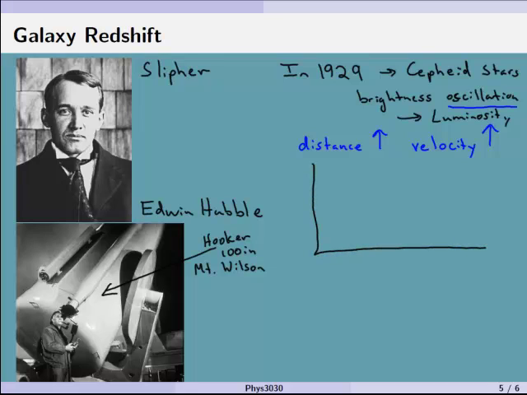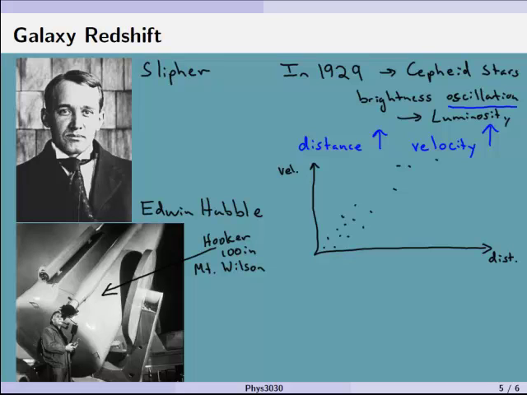We have velocity here going up, and over here we have distance. If you look at the Hubble plot, there's more stars closer by, because of course we can see more of these Cepheid stars closer to us than further away. It's harder to resolve them further away.